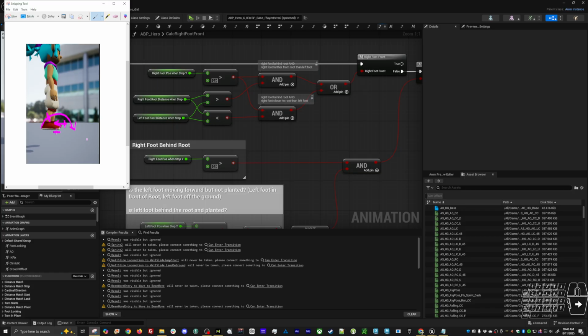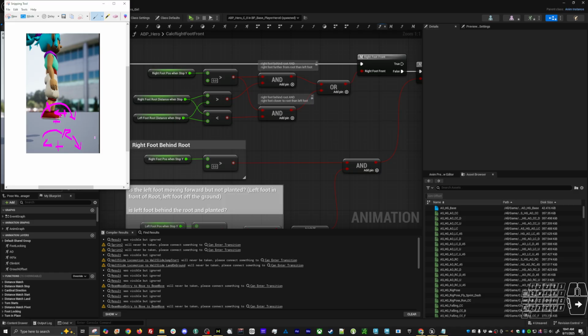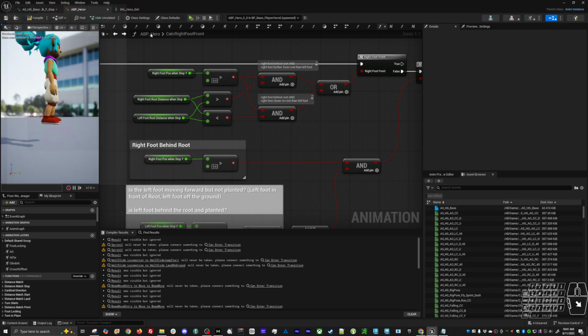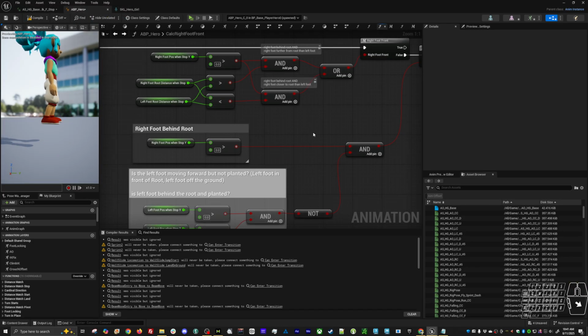So that's basically what we're checking here. But if the root's here, the left foot is here, and the right foot is, say, off the ground and moving forward through the air, and it's in front of the root, then the right foot is forward. So check that bool to be true. Is right foot forward? Yes, true. Okay. That's basically what we're checking here, and that's basically what this is doing.